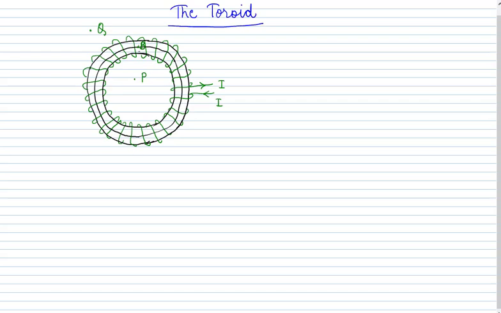So here we have the current, so the magnetic field will be present, but it will be constant in magnitude, because if you move around the circular loop, this magnetic field will be the same. So here we can apply the Ampere circuit law. In order to apply the Ampere circuit law inside this toroid, we have to take a cross section. So let us draw a cross section of this toroid.